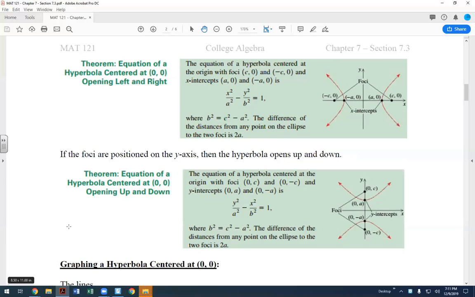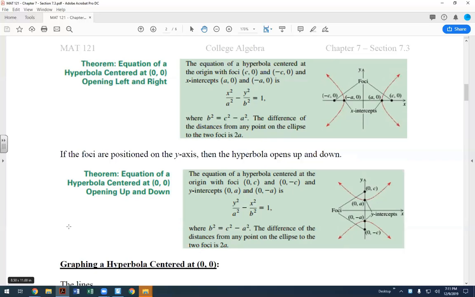The A values will represent the x-intercepts for left and right, and the A values will represent the y-intercepts for up and down. So it's the A which keeps changing positions here, but C will still be used for focus.